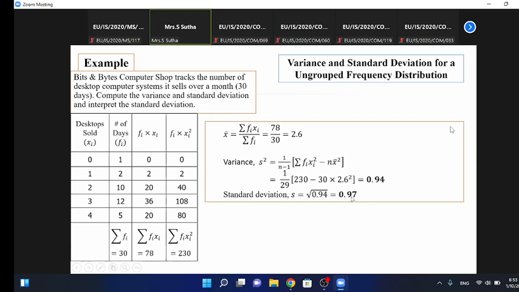That means the number of computers sold is between 2.6 minus 0.97 and 2.6 plus 0.97. Such kind of interpretation you have to write. Already for one example, I wrote how we have to write it. You have to follow the similar pattern here also.